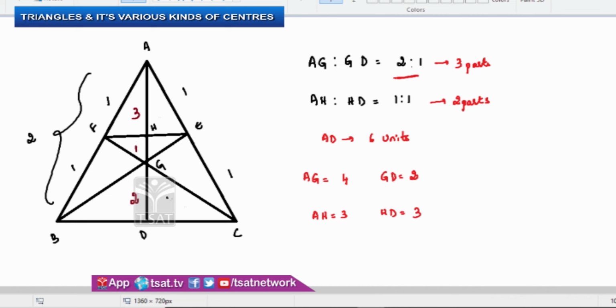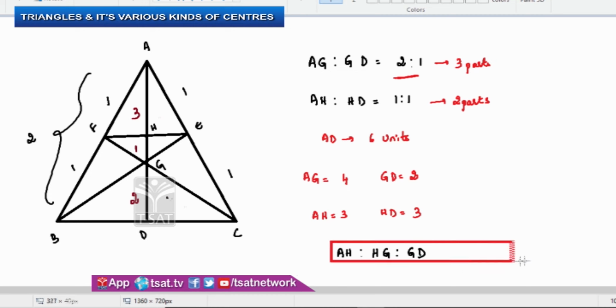So finally, we get the ratio AH to HG to GD equals 3:1:2.